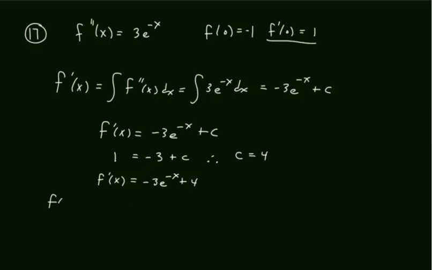Now we have to find f of x, which is the antiderivative of f prime dx, which is the antiderivative of negative 3e to the negative x plus 4 dx.